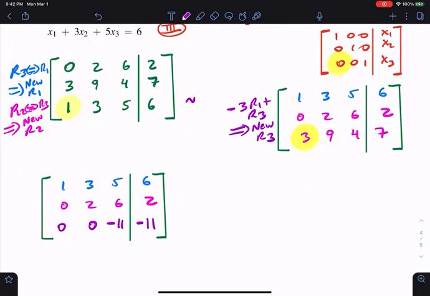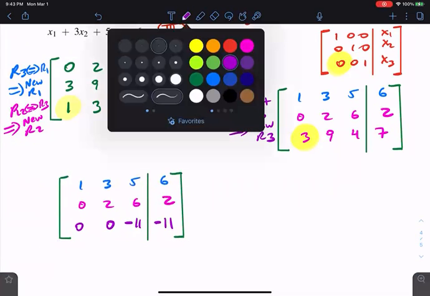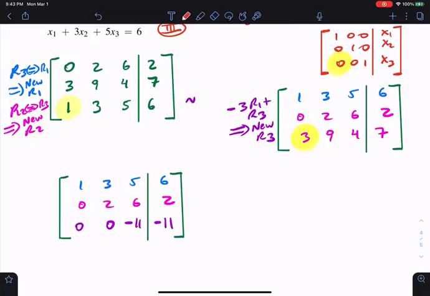Now you can see clearly that you can divide row 3 by -11, or multiply by -1/11. So let's do that: -1/11 times row 3 will give me the new row 3. Remember, these are equivalent expressions and matrices.